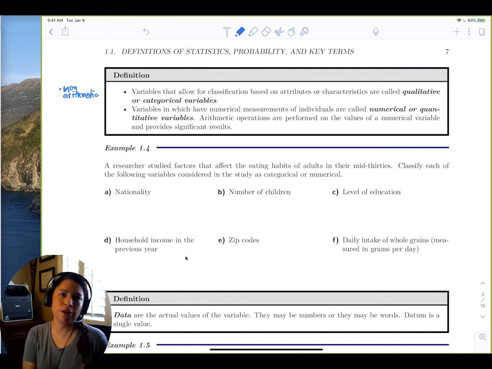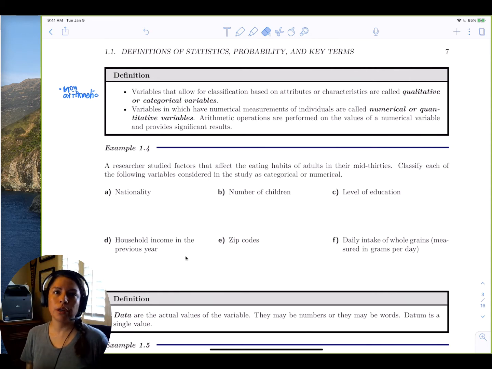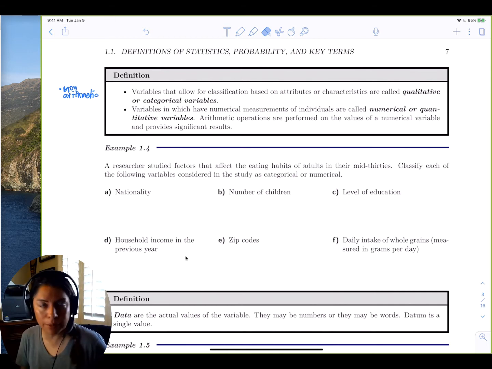No, it's either you're blonde or you're brown or somewhere in between, right? You can't add up hair. Zip codes, be careful with a variable like what zip code we live in, because zip codes, because it's a number, doesn't make it numerical, right? It's a category in which we live. Can I add up a bunch of zip codes and get the average zip code that we live in? No, that doesn't make sense.